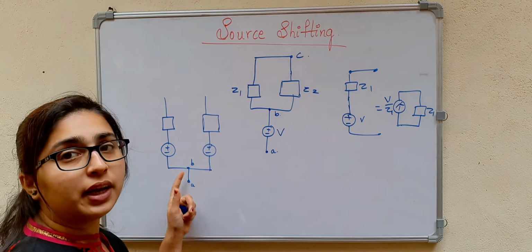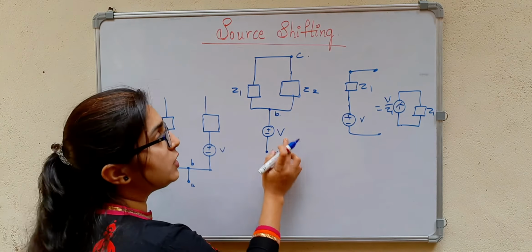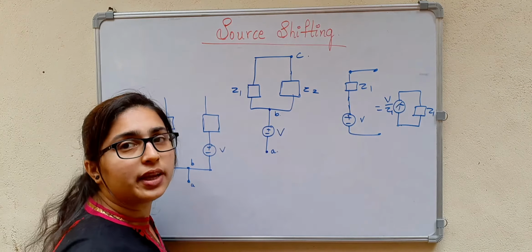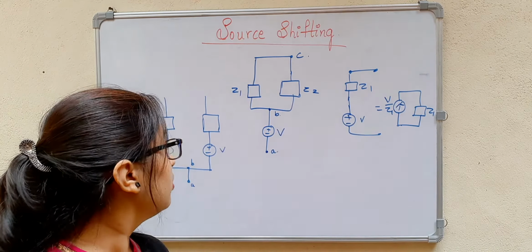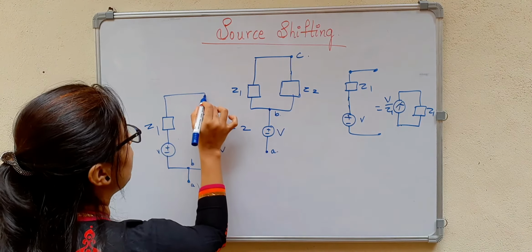B and A are shorted now. Now I have shifted this voltage source so that it is in series with each of the impedances. So this is Z2, this is Z1, and here we have the node C.